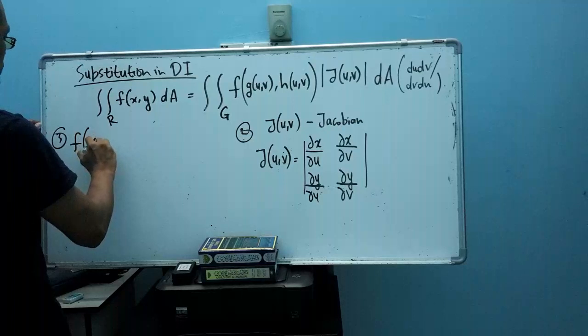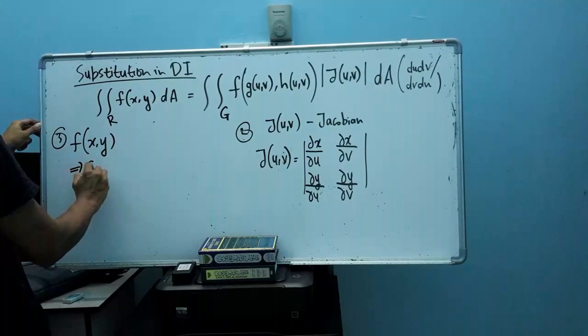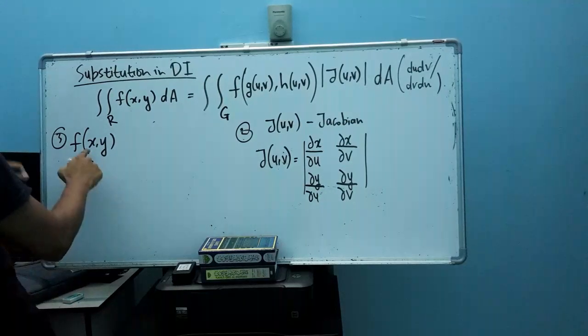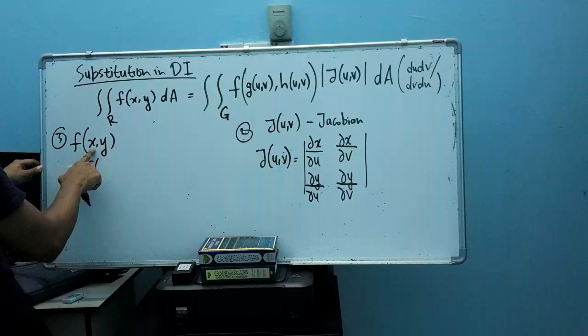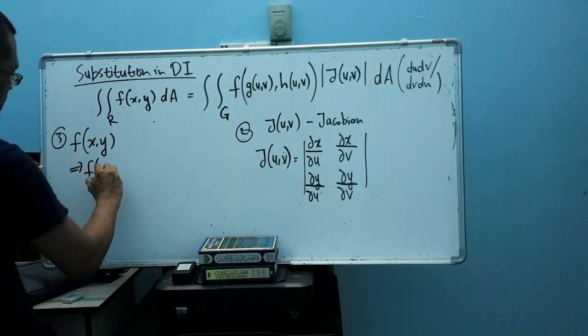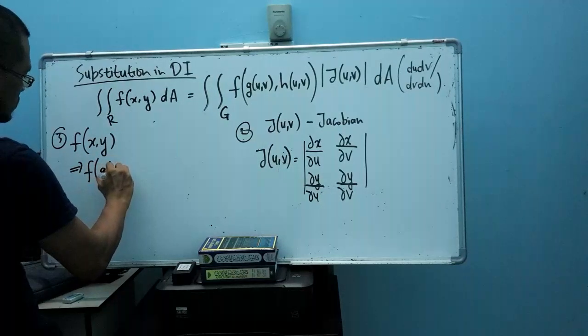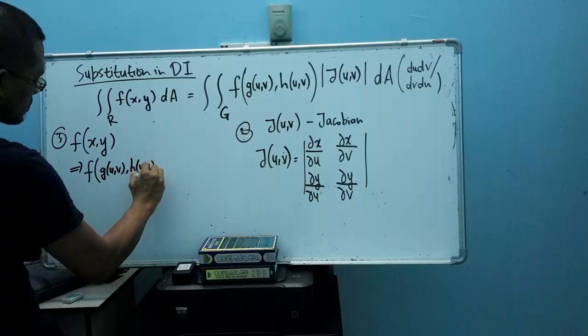From f(x,y), we need to change to the new terms. Since x is substituted with g(u,v) and y is h(u,v), I just substitute g(u,v) and h(u,v).